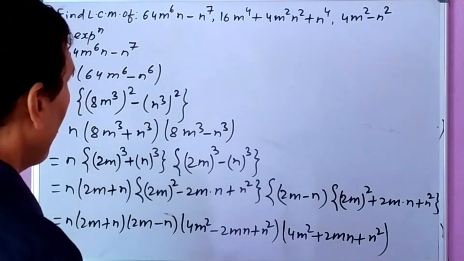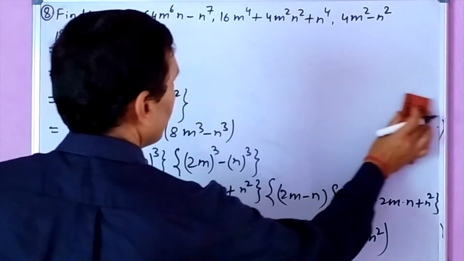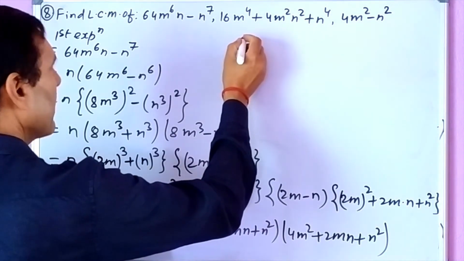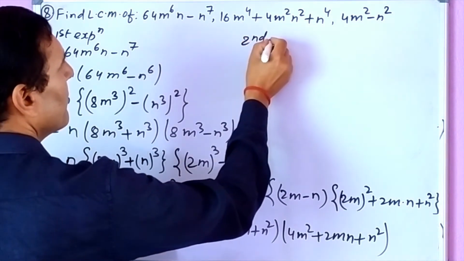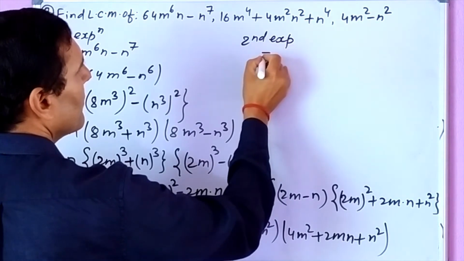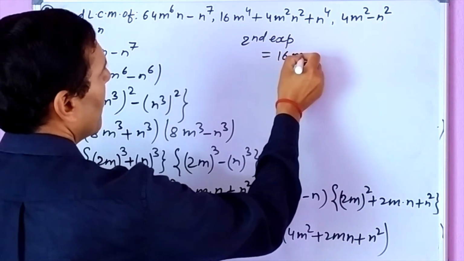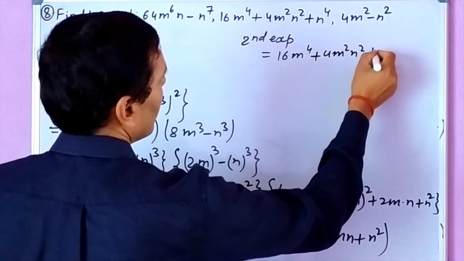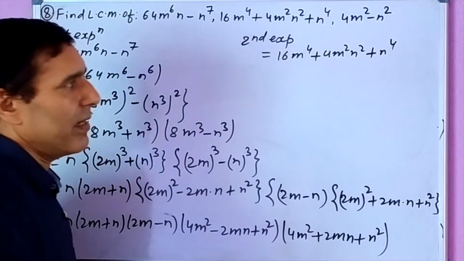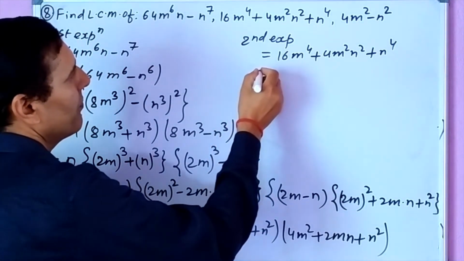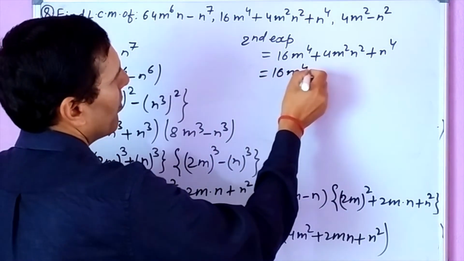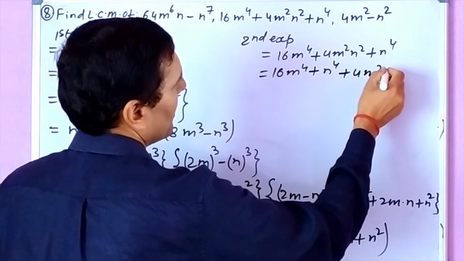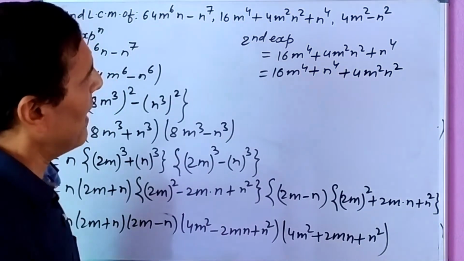Now similarly, the second expression. Second expression I am writing here. We have 16 m power 4 plus 4m square n square plus n power 4. How do we factorize this expression? 16 m power 4 and n power 4 we write together, and 4m square n square we write making it the last term.